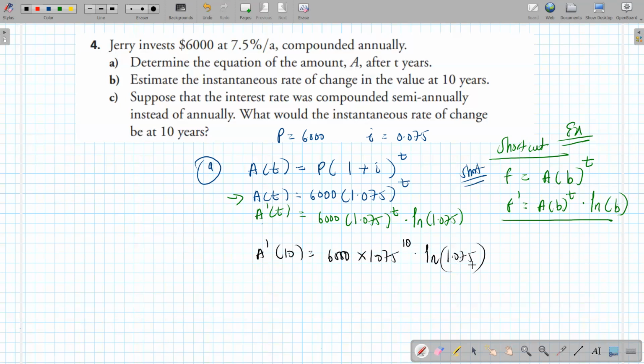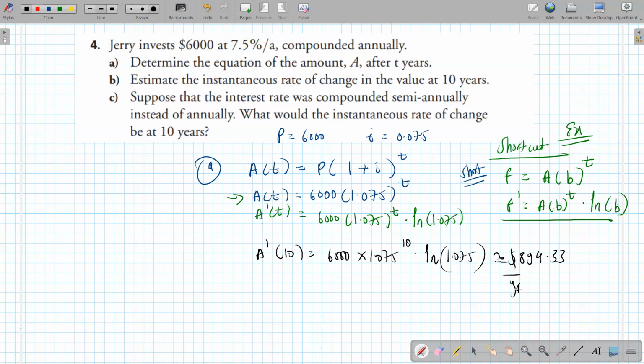You don't have to do the plus minus shenanigans if you know the shortcuts. To the power of 10 times ln of 1.075, and the answer is exactly what we got last time, 894. Cool. So there's a shortcut for an exponential function.